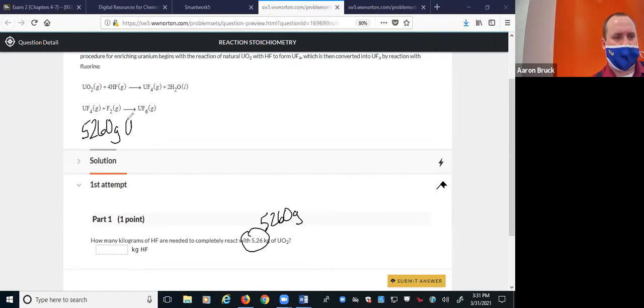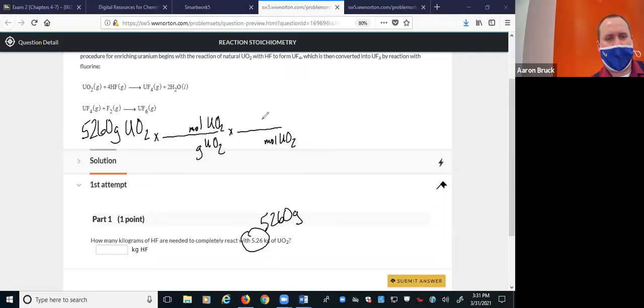We're going to go from 5,260 grams of UO2 to moles of UO2, to moles of HF, and then since we're going to grams, moles of HF to grams of HF. And we'll just convert it to kilograms at the very end.